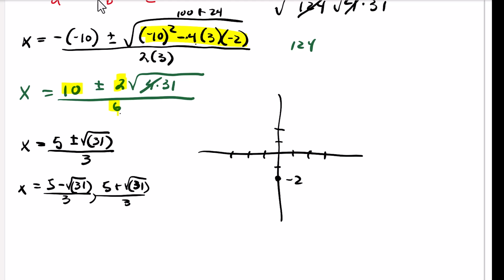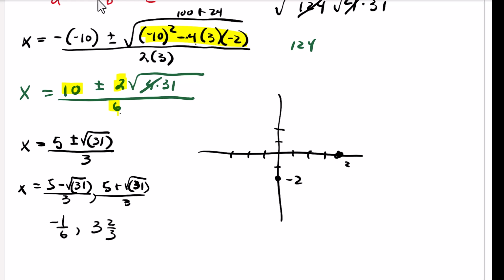Well, square root of 31 is somewhere between 5 and 6. So 5 subtract halfway between 5 and 6. You don't even get a full 1/3. So this might be about negative 1/6, something like that. And this is 5 plus, let's say 5.5, so 10.5 divided 3. That's going to be a little bit more than 3. It might be closer to 3 2/3. So maybe about there.